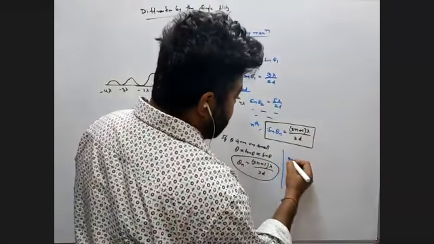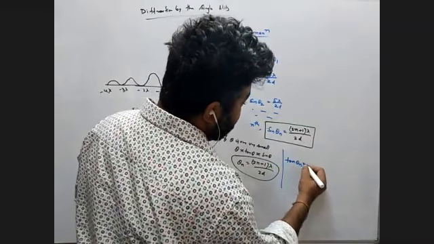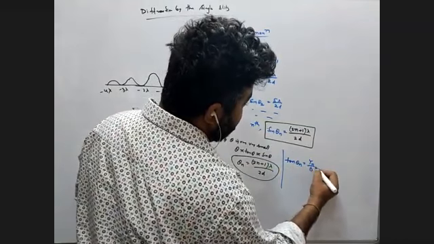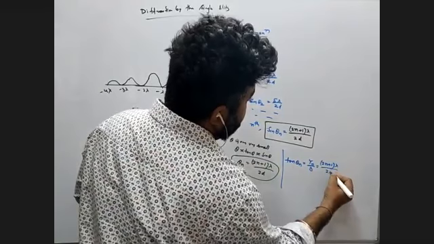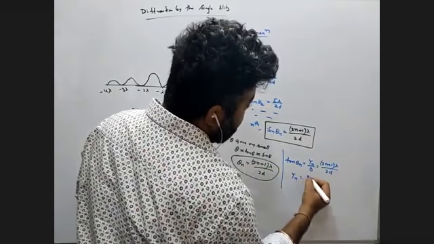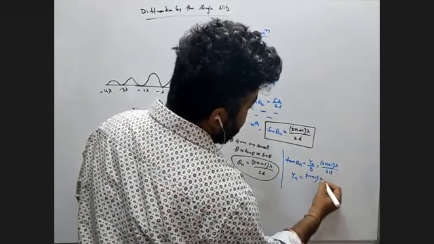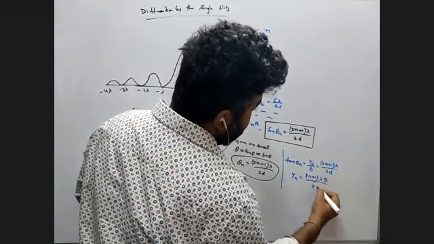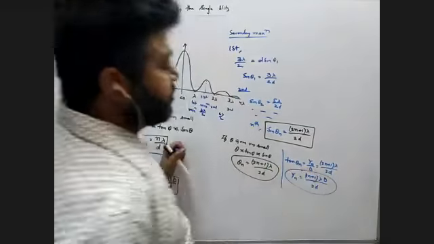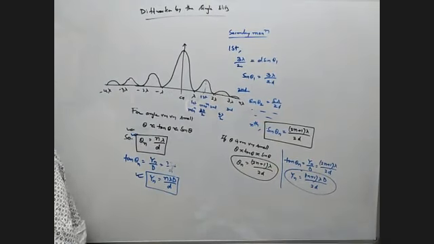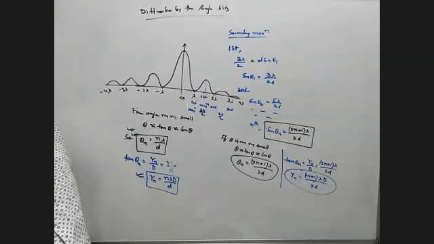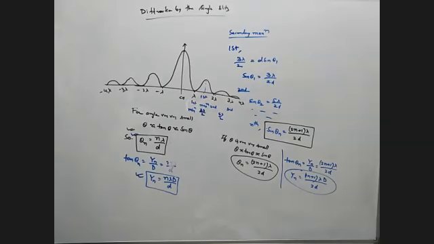Otherwise, tan theta n, which is perpendicular by base. I again say it is a very rare one; sometimes it's asked, otherwise they never ask this. So this is the position. Clear? Everyone clear?